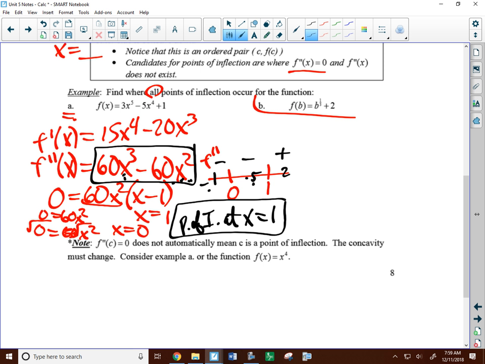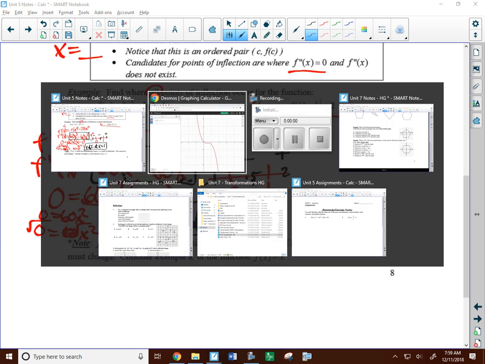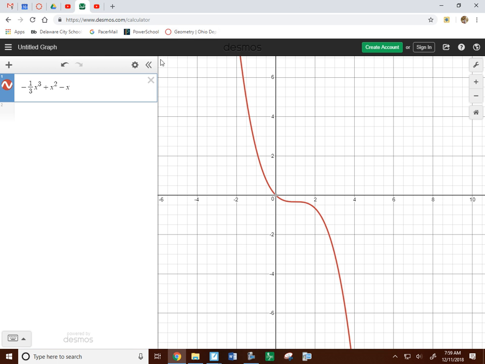So it was concave down up to 0. Then it was still concave down from 0 to 1. And then from 1 to 2, it did switch. This might be another one, just to look at the graph real quick.